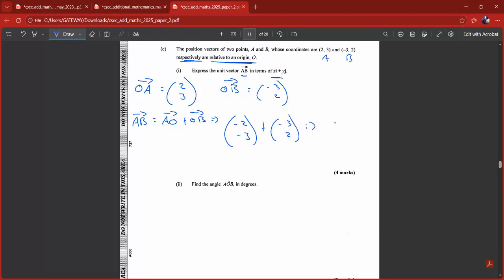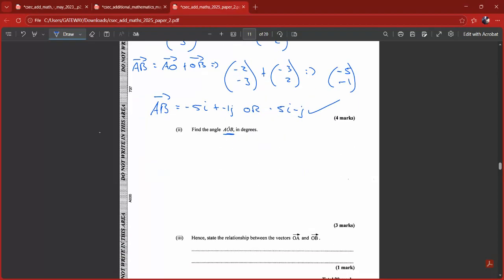So negative 2 plus negative 3 is negative 5, and negative 3 plus 2 is negative 1. So that is the vector AB. They wanted to write this in the Cartesian form. So AB will now simply be negative 5i plus negative 1j. Yeah, or negative 5i minus j. Simple, correct. Right?